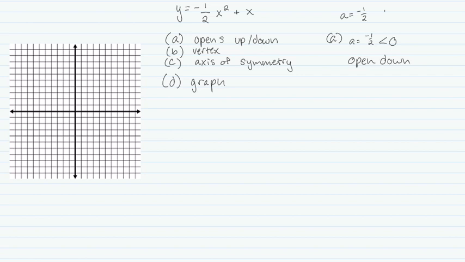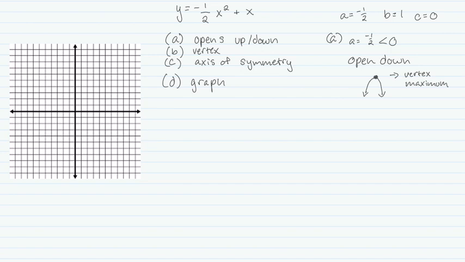I'm also going to pick out my b. b is 1, it's a hidden one, and c, you don't see it, but it's 0. We're going to use those later, so I'm going to write out those constants and coefficients. Since it opens downward, I'm going to draw my picture so that I kind of know what it should look like. The vertex will be a maximum.